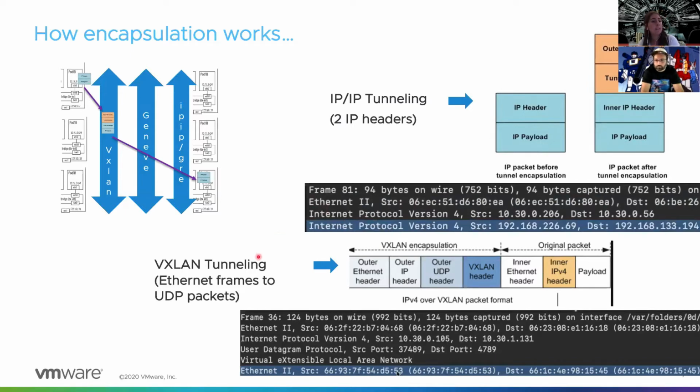For VXLAN tunneling, Ethernet frames get encapsulated into UDP packets. Again, in the Wireshark packet capture, you will see the Ethernet packet, and on top of it, there will be a UDP packet.